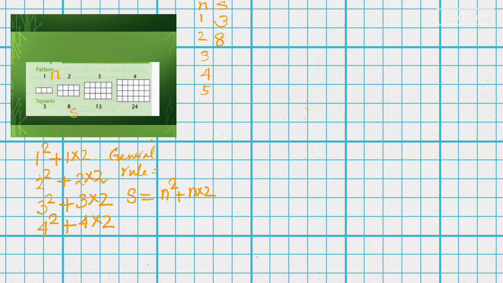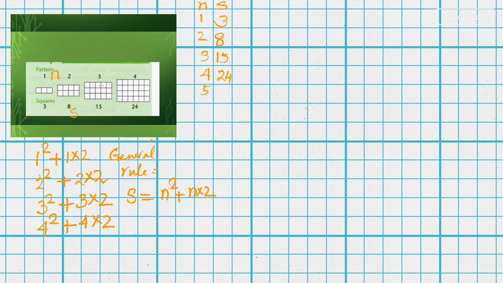Third one has 5 times 3 is 15. That one will be 4 times 6 is 24, and so on.